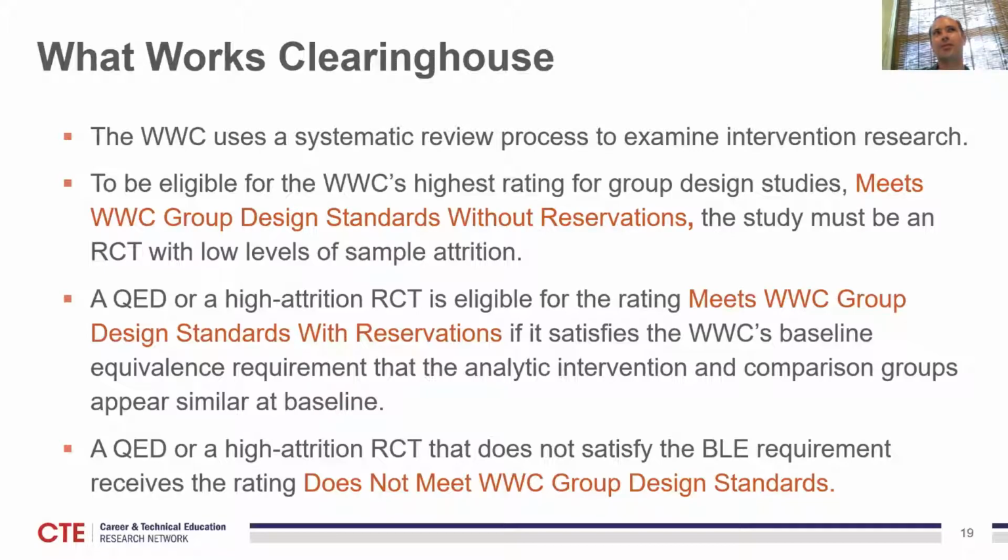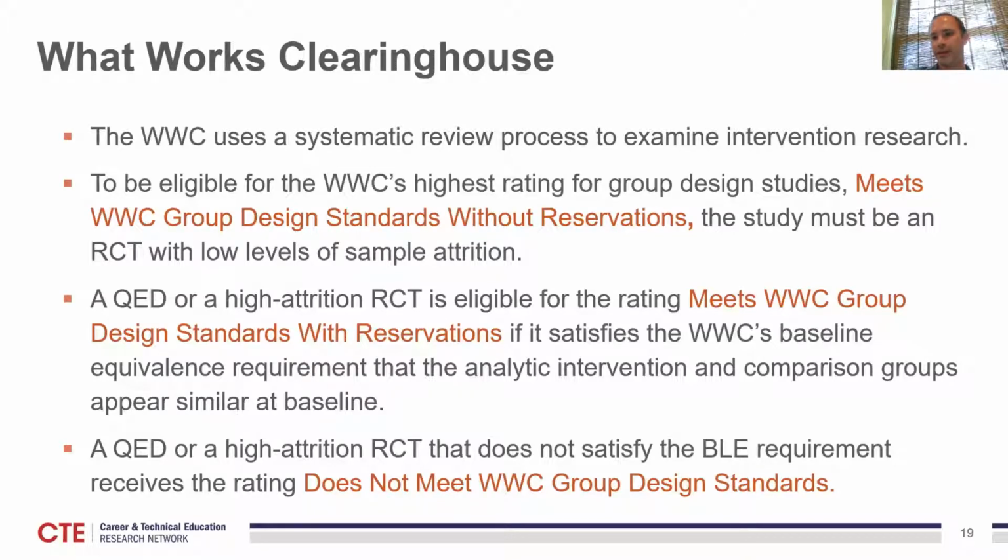There are two levels of credibility and quality that What Works Clearinghouse focuses on explicitly, and that's with and without reservations. For the group rating without reservations, the study has to be an RCT and have low attrition.